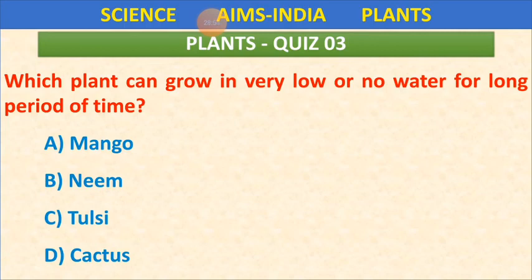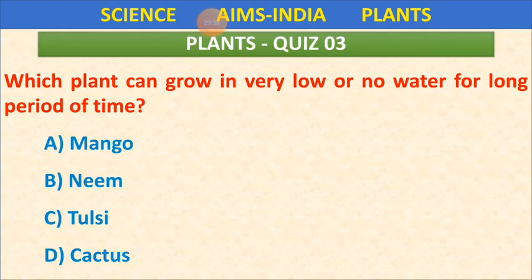So this is a type of plant, and even though it does not have any water source, it is able to grow and it lives for a long period of time. What type of plant is this called? So we are here giving the name of the plant. We are not asking which type, we are giving the name. Is it a mango plant, neem plant, tulsi plant or a cactus plant? Can anyone answer, children?